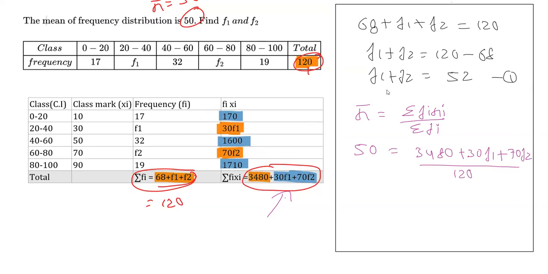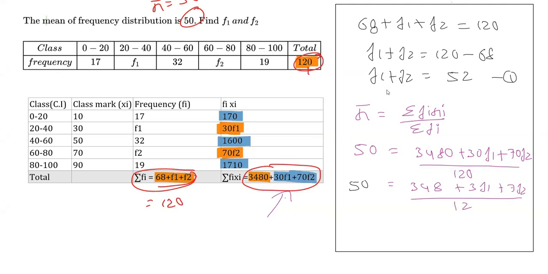Further, in order to solve it, we can reduce it. As I can see, 10 is common in the numerator and denominator, so we'll reduce it. What we can write here is 50 is equal to 348, because I'm taking 10 common, plus 3 times F1 plus 7 times F2, and 10 common from below, and they get cancelled.